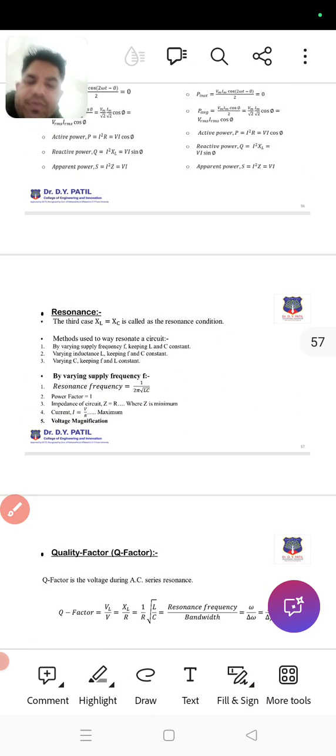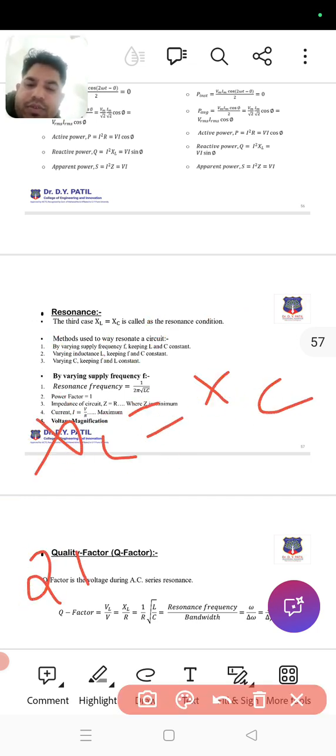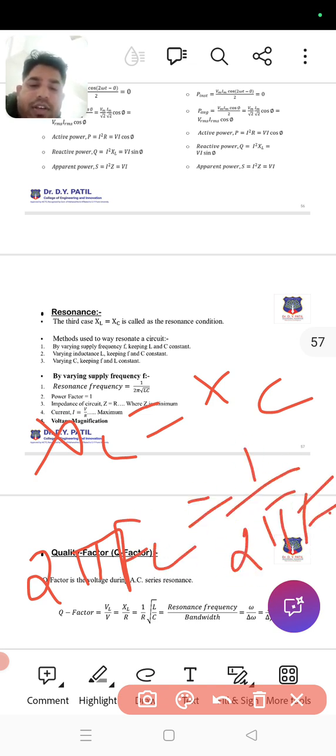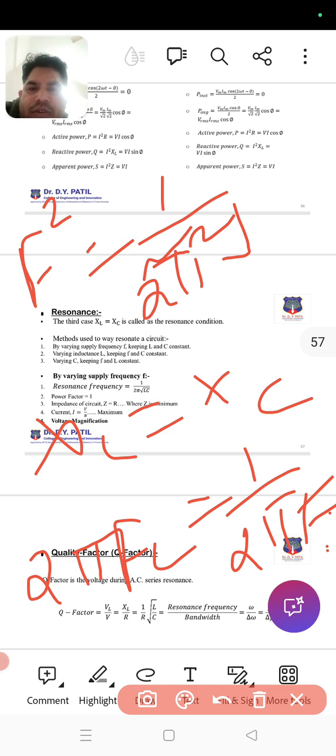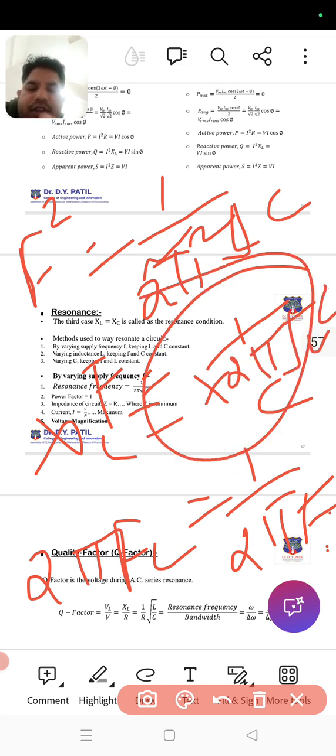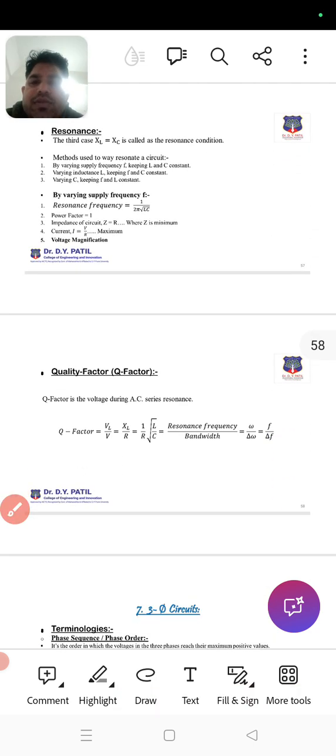XL is 2 pi f L, and XC is equal to 1 upon 2 pi f C. So we have to find the frequency. f squared is equal to 1 upon 4 pi squared L C, so f is equal to 1 upon 2 pi under root of LC. It is all about the resonance frequency.